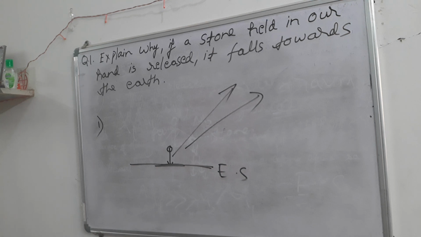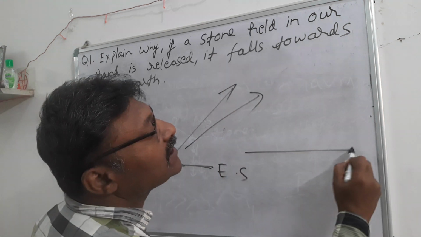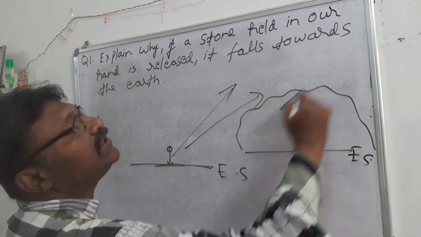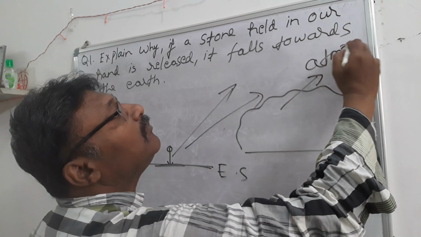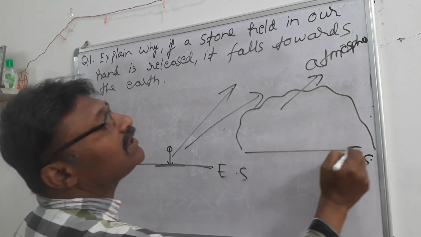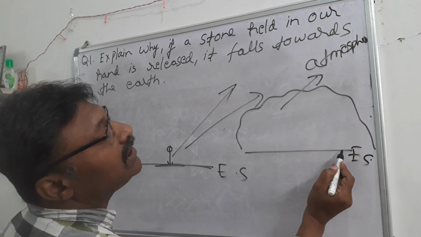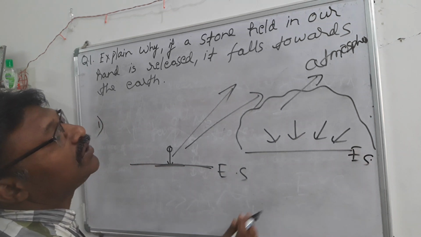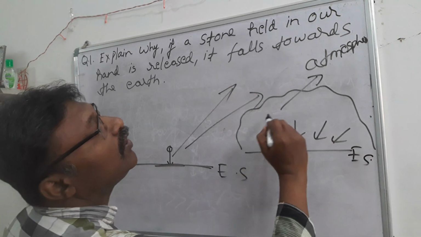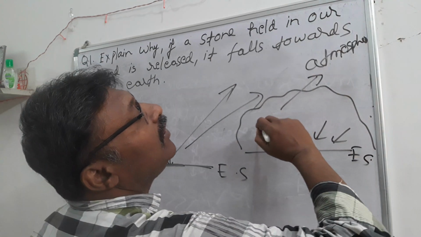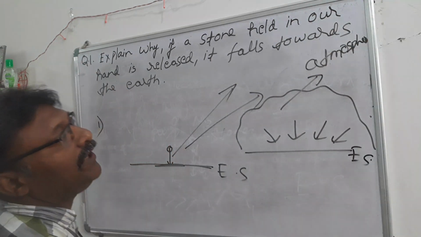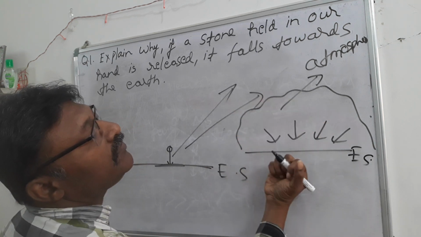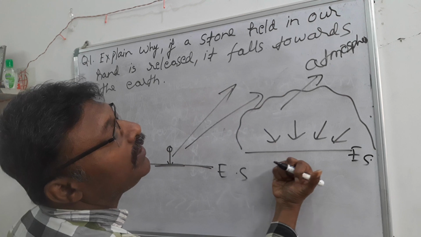The second is the atmosphere. This is the earth surface, and we all know that there is a layer of air around the earth surface. This is called the atmosphere. The atmosphere is also held above the earth surface because the earth exerts a force of gravity on it. So the atmosphere will not escape into space. Because of the gravitational pull of the earth, the atmosphere is always held towards the earth surface.